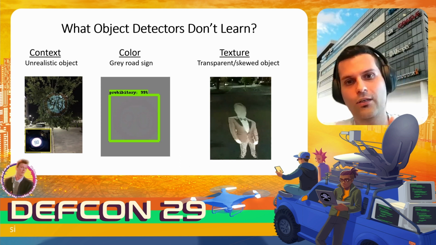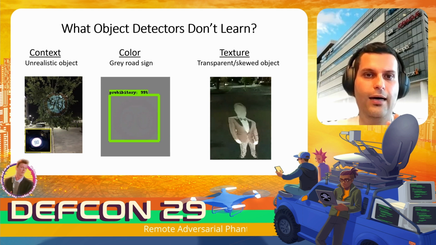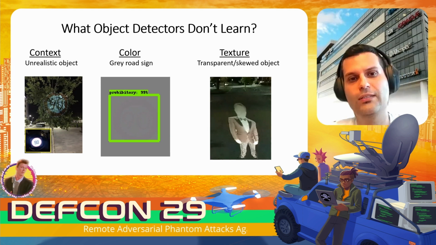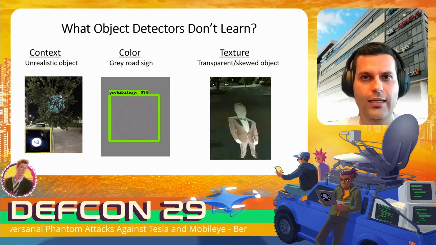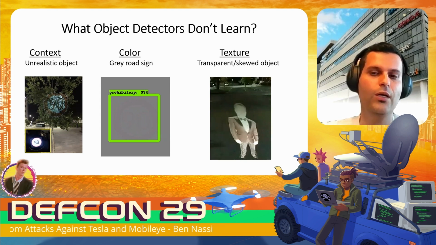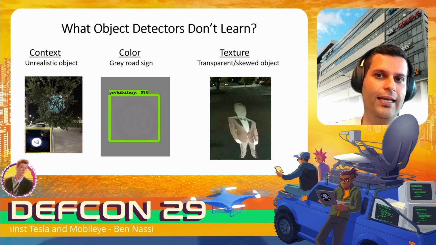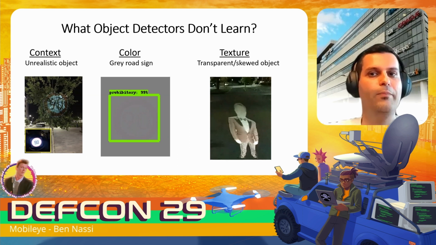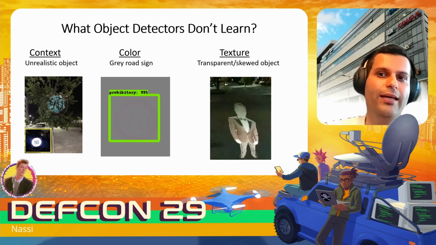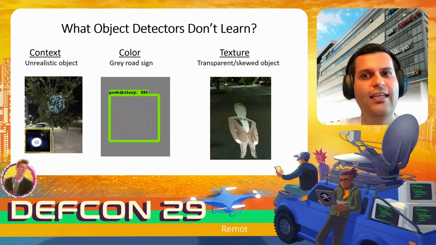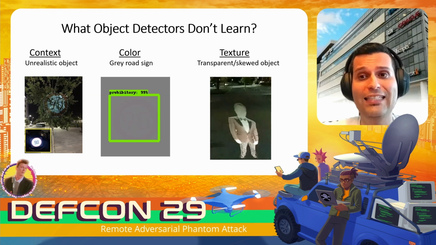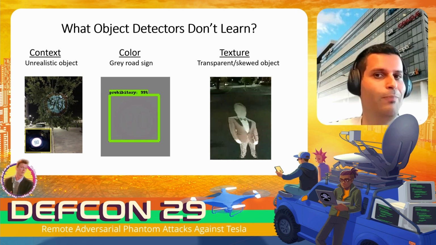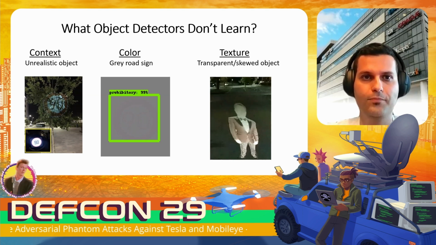This entire road sign is made from gray hues and is being identified by one of the state-of-the-art object detectors, which we found online. Also, in our case, texture, whether it's a transparent or skewed object, isn't taken into account. As a result, transparent and skewed objects are being identified as real objects, despite the fact that they are completely phantoms.